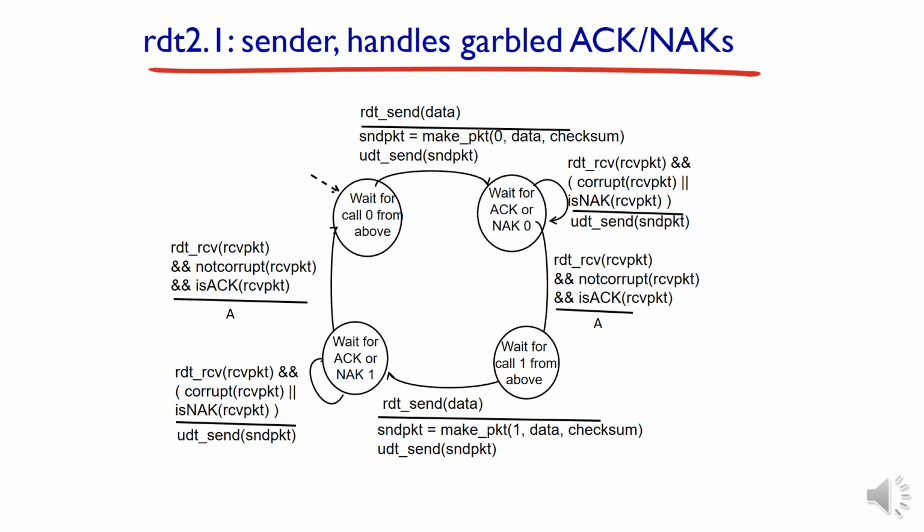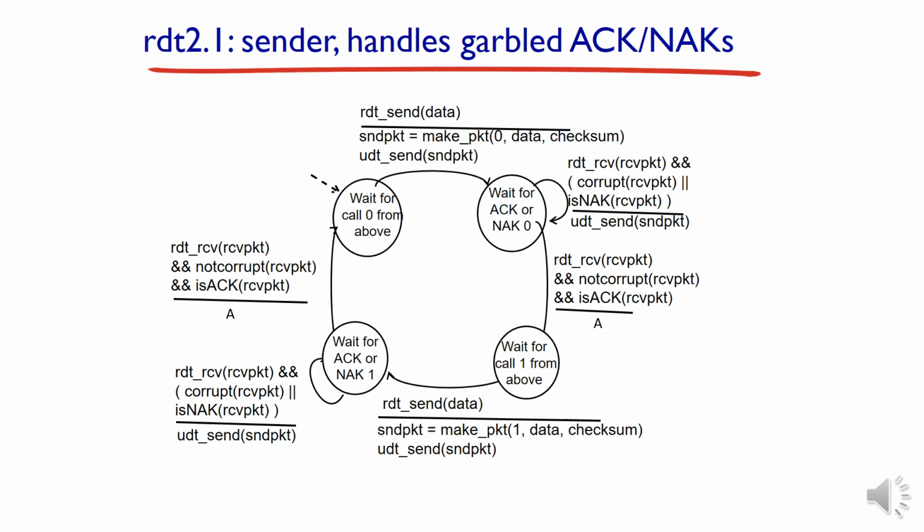Then let us consider the positive scenario. In every FSM, you can think of the positive scenario as taking the circular path. At this time, the RDT send is invoked. It makes packet 0 and sends the packet. Then it enters another state, waiting for the acknowledgement from the receiver. Once the packet with sequence number 0 is sent, it waits for acknowledgement 0. If acknowledgement 0 is received, it goes to the next stage, that is, to make the second packet.